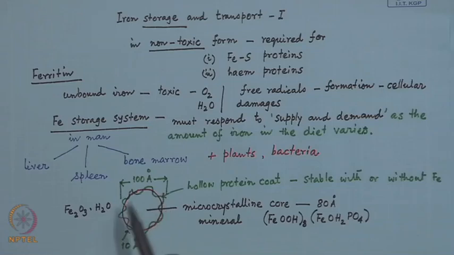So, you have the hollow protein coat, and the protein you can identify differently, what is the nature of that protein and how we can find out the corresponding protein structure for that coat, and what is there inside as a microcrystalline core.